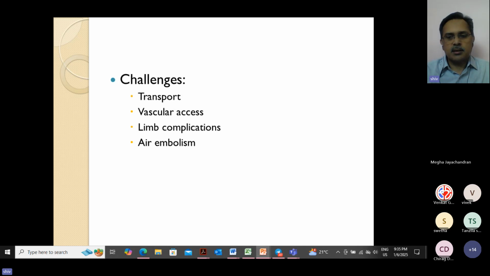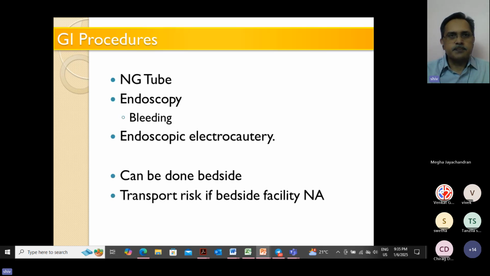There can be a central venous cannula in another vein. So vascular access can become very challenging. They can result in secondary limb complications, formation of thrombus, compartment syndromes and other things. And air embolism can be a specific risk in these procedures, but it can be safely done with adequate precautions.